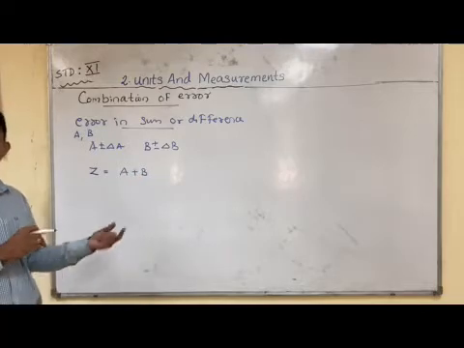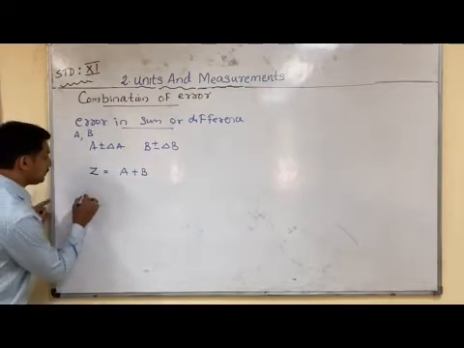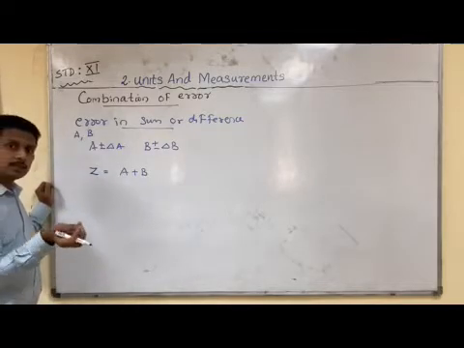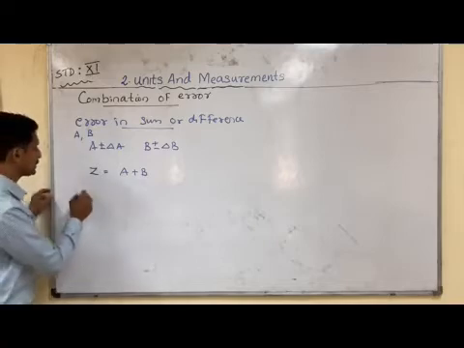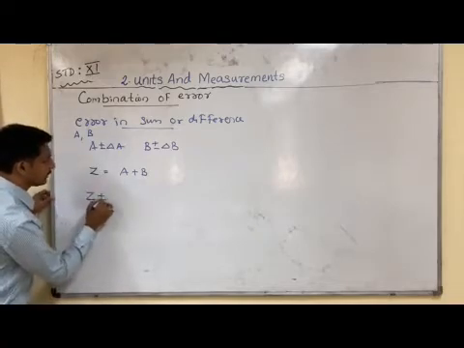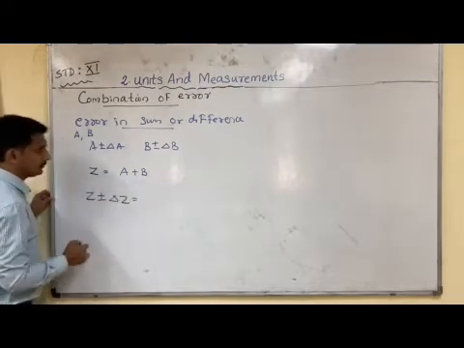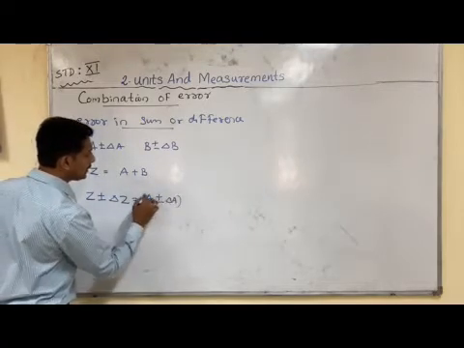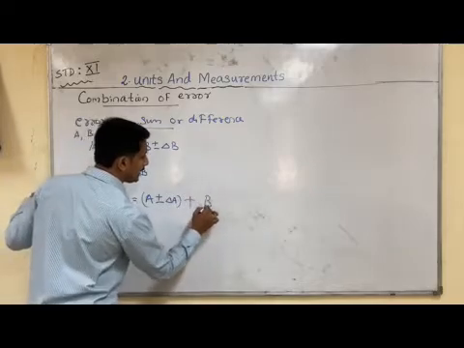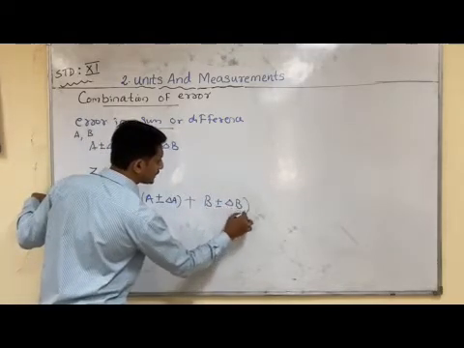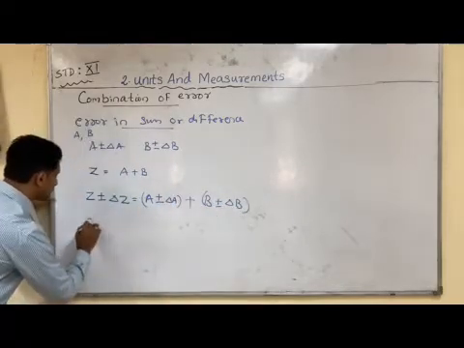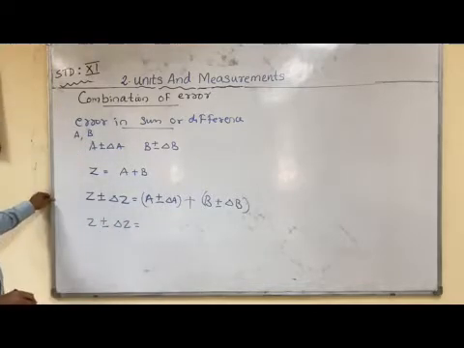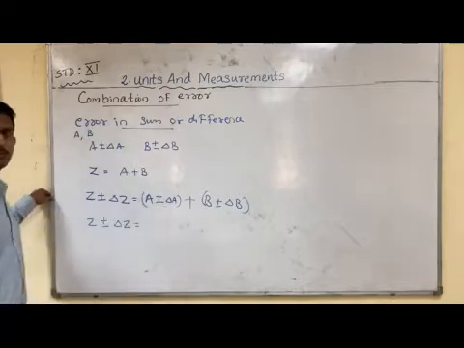So what will happen to the errors of this measurement? While doing the process of addition, we are considering the error in the measurement also. So our operation becomes Z plus or minus delta Z is equal to A plus or minus delta A plus B plus or minus delta B. We can carry out the process of addition.